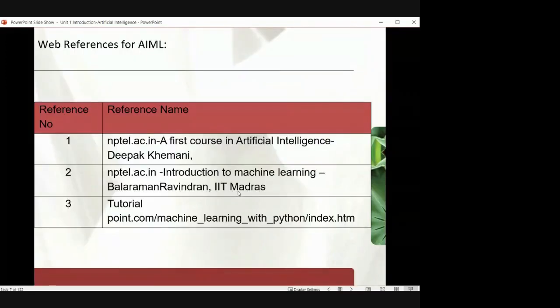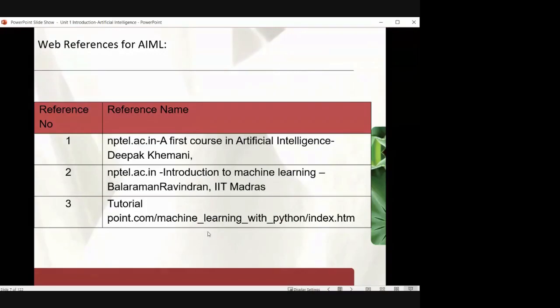Now, whoever students are interested in practical implementation of AI, the NPTEL courses are also going on for AI. So NPTEL has a course in AI by Deepak Khemani. And an IIT Madras course is also going on, that is Introduction to Machine Learning.